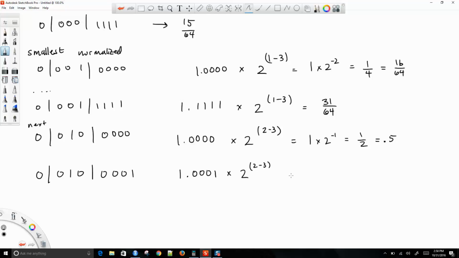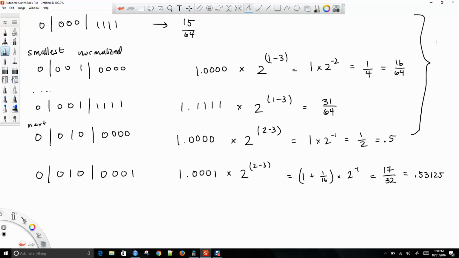So this is 1 plus 1/16 times 2 to the negative 1, and this becomes 17/32, or 0.53125.